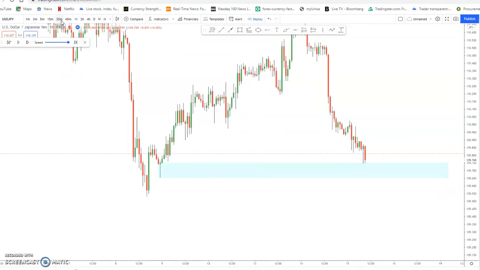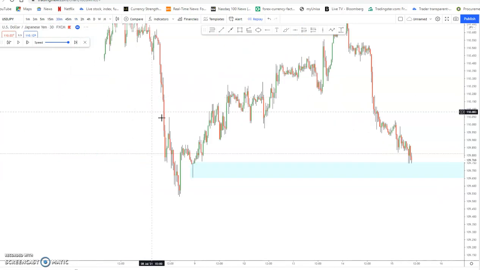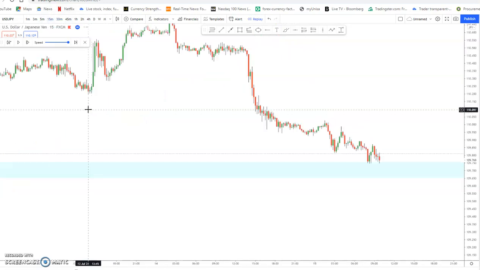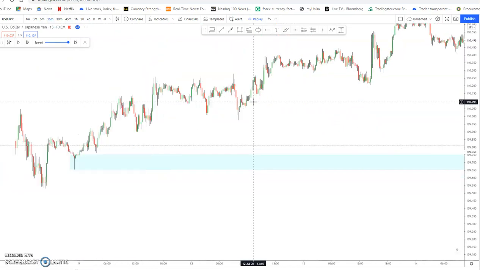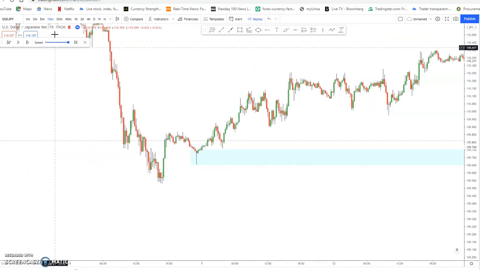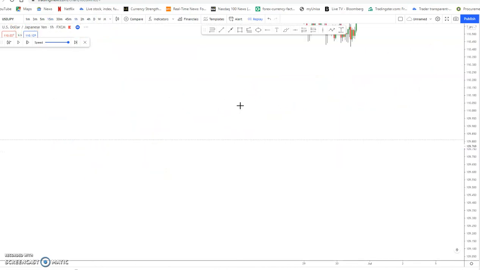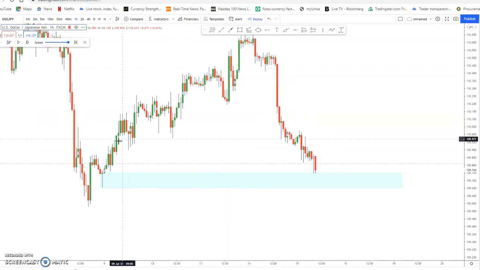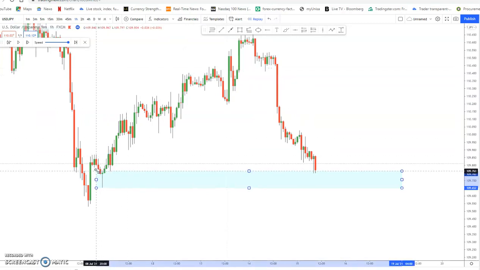What you can do is often, if it's just a wick, and you go down to a lower time frame, and you just see a wick, there's no refinement opportunity within this candle. So what you can do, let's go to the top here.